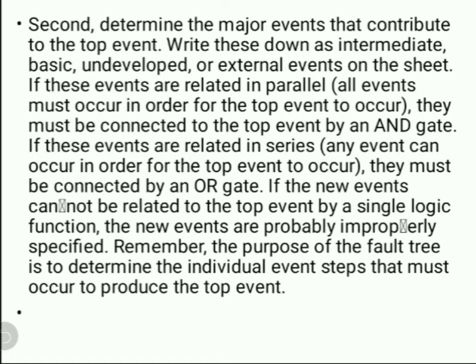Then we identify whether the events are intermediate, basic, undeveloped or external, and draw them below the top event. If these events are related in parallel, we use an AND logic gate. If the events are related in series, we use an OR gate. This is how we draw the fault trees.